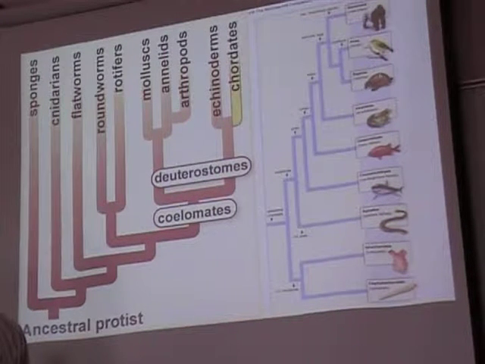And then a day on reptiles, maybe 2 days on reptiles, which include turtles and snakes and lizards and dinosaurs. And alligators. Crocodiles. And then a day or 2 on birds. And then several days on mammals, which we are. So that's what you have to look forward to. These are all from the same phylum, phylum Chordata.